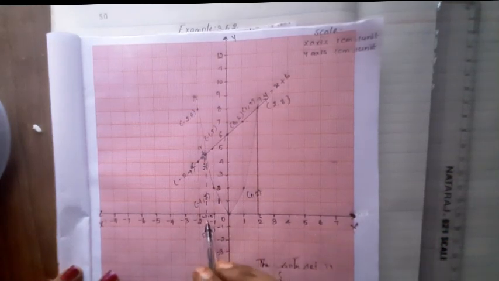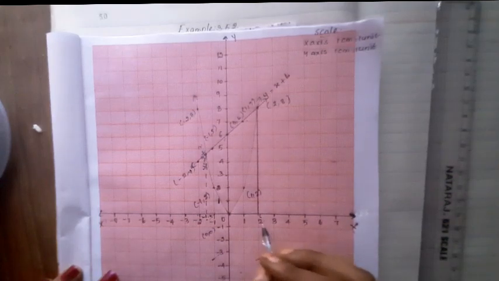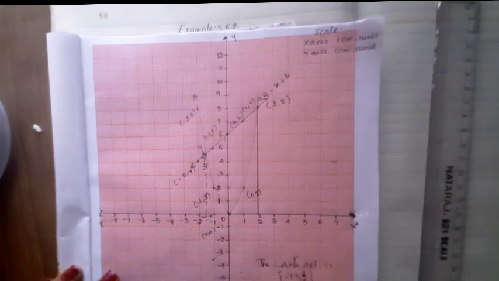So the solution set is minus 1.5 and 2. The same answer you have to write here. The solution set is minus 1.5 comma 2. Okay.